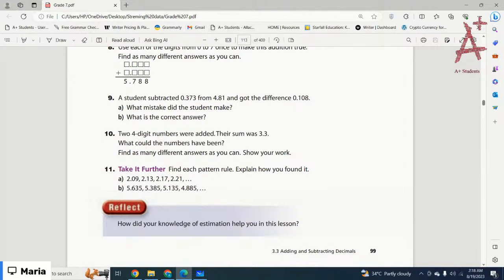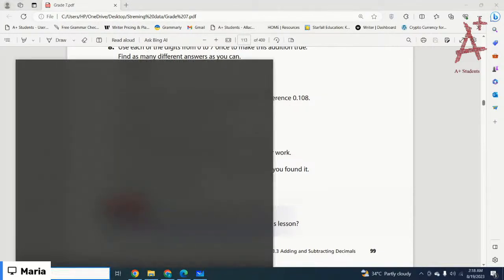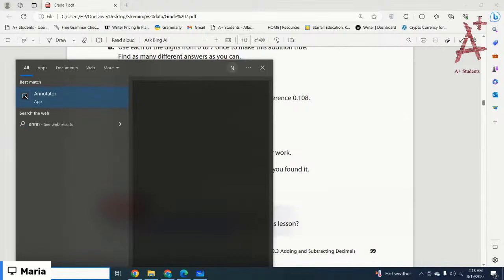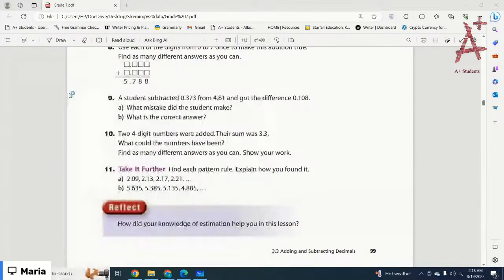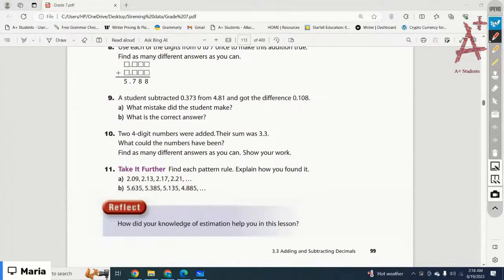Okay, let's just subtract and see what mistake he made and what is the correct answer. Let's just find the correct one, then we'll find. Hold on. I got it. The mistake he made is, you can see the difference is 0.108, right?